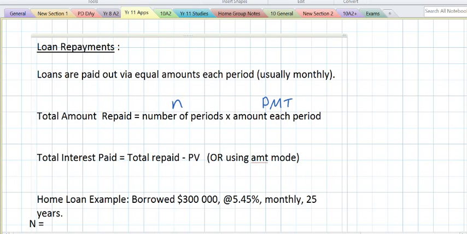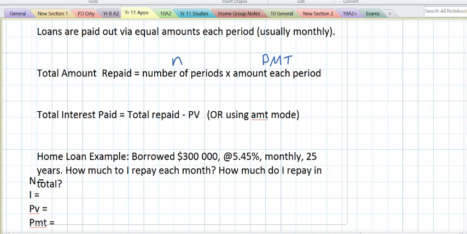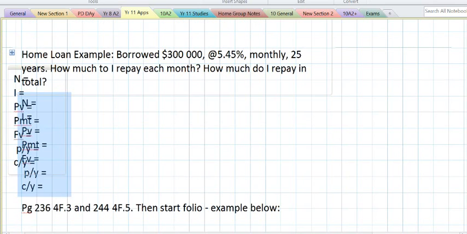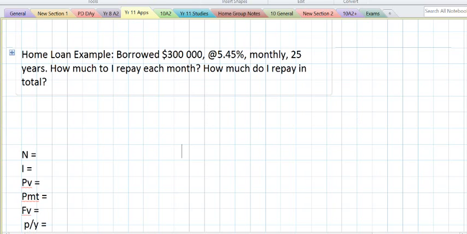And I want to know how much do I repay each month. How much do I repay in total? And how much of that is interest? So what is the total interest?